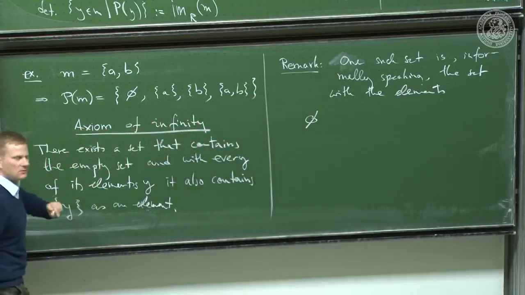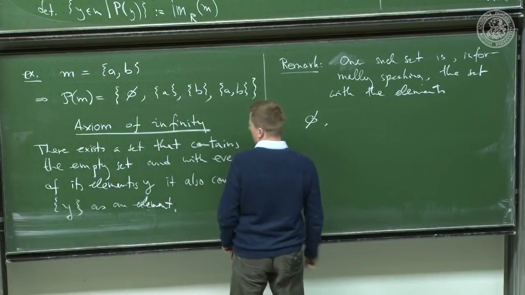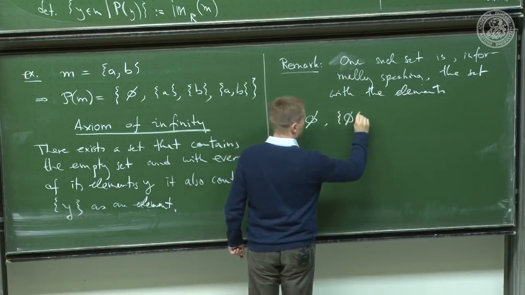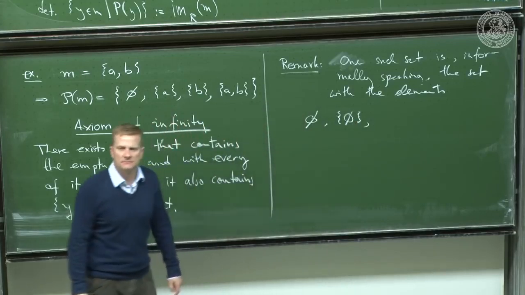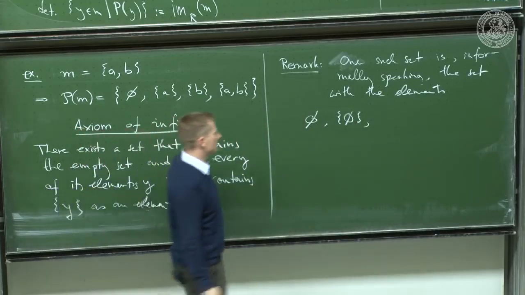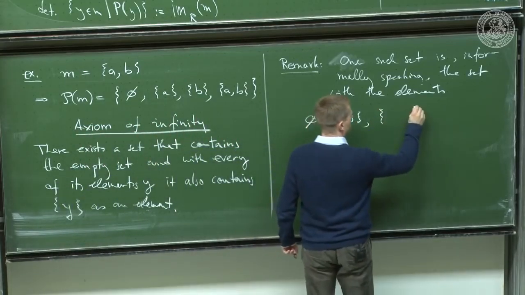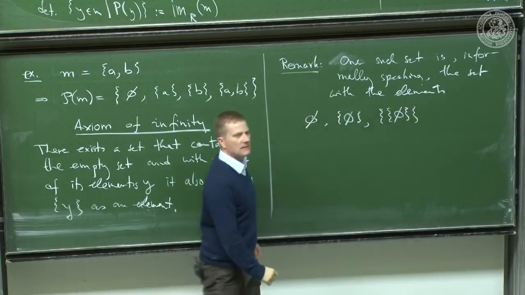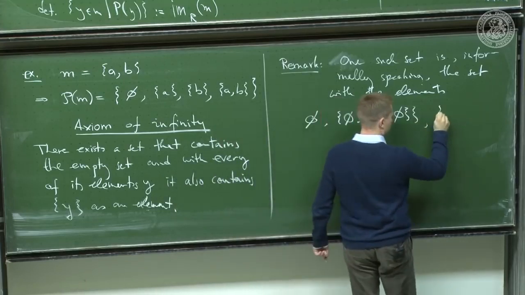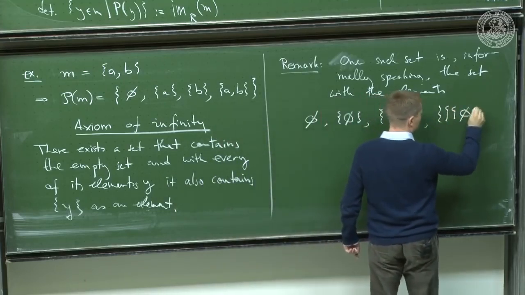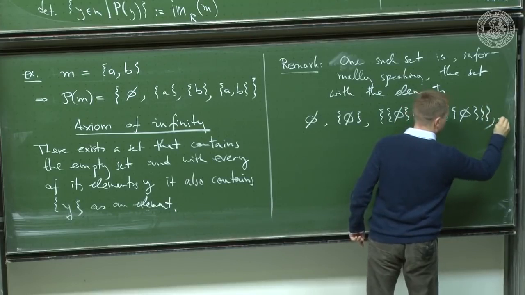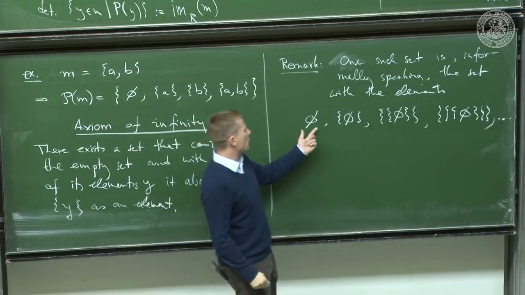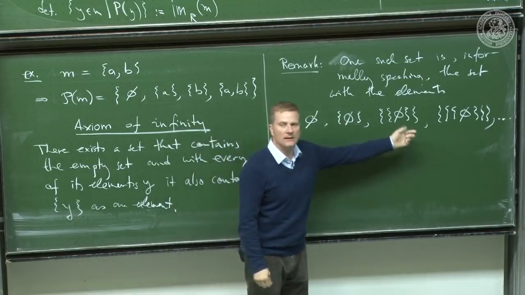Okay, yeah, sure, the empty set has got to be in there. But if there's the empty set in it, it should also have the set with the element empty set. All right? But if we have that, it should also have the set that contains as an element the set with the element empty set. And then it should have set, set, set, empty, set, set, set, and so on, because this can serve as the y for the element y, and so on.